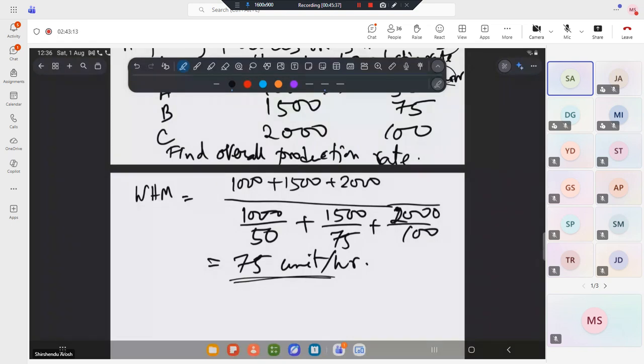Of course, this is not much of an applicative way to use these things, because I understand this until you are working on the financial data. In financial data, suppose you are doing any kind of KPI or revenue, and you want to find the simplest average, you go for the AM, right? For growth rate, ROI, CAGR, if you are dealing with this kind of numbers, we go for the GM.